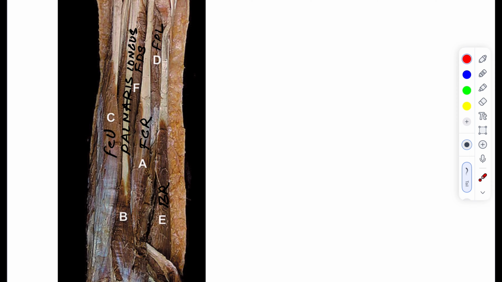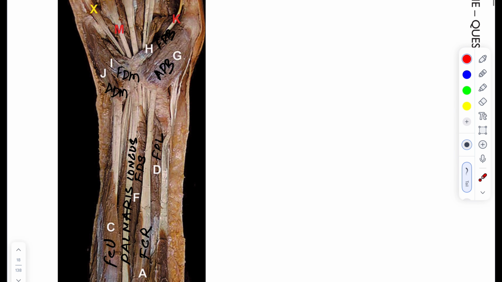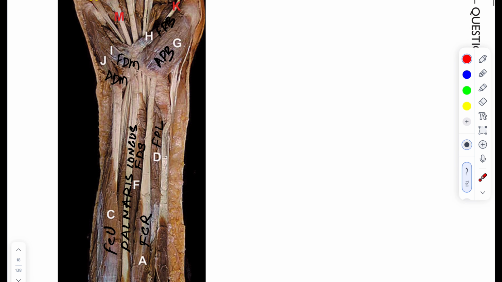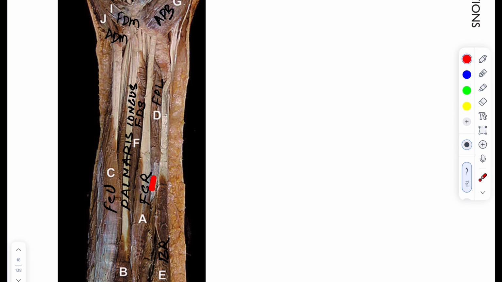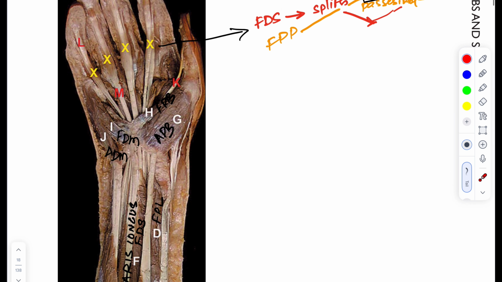Flexor digitorum superficialis is in between. Then from here there is flexor pollicis longus, which goes inside. And then this M is flexor digitorum superficialis to the ring finger, and L is to the little finger.